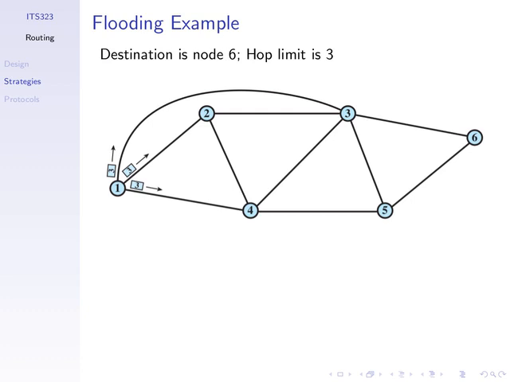So the first piece of data that I want to send from node 1 to node 6, let's give it sequence number 1 or 0, whatever, just a unique value. When we copy that packet and send to our 3 neighbours, it has the same sequence number in each copy. So these 3 packets all look the same.